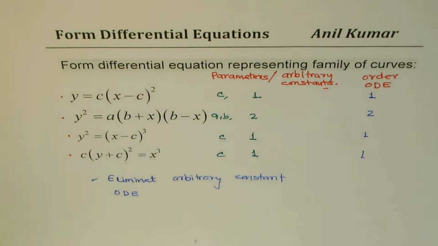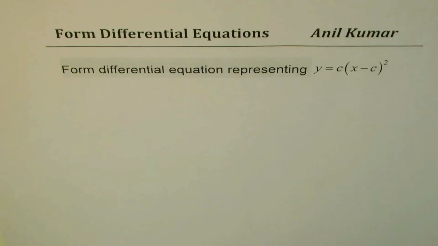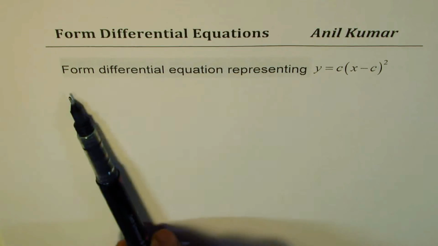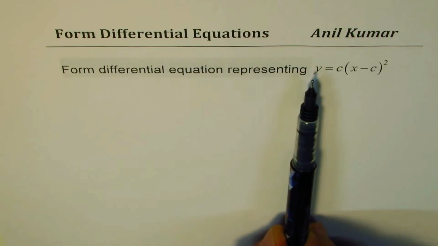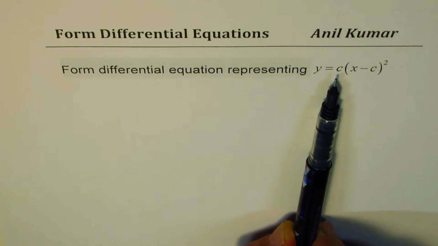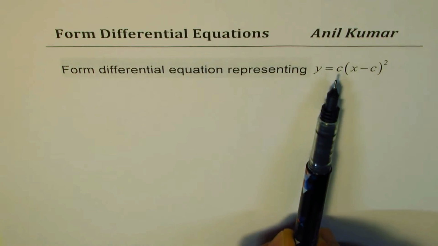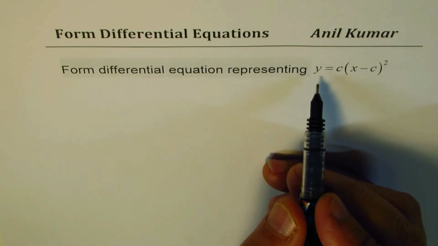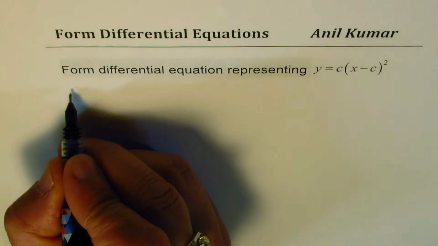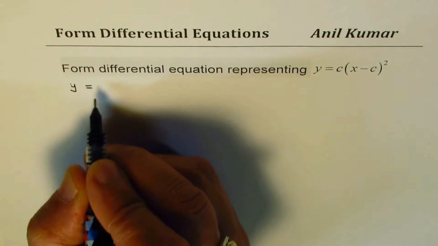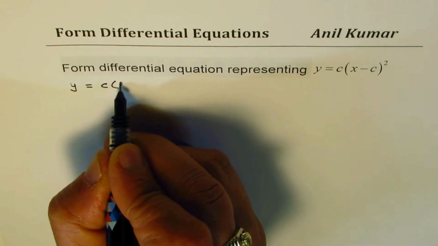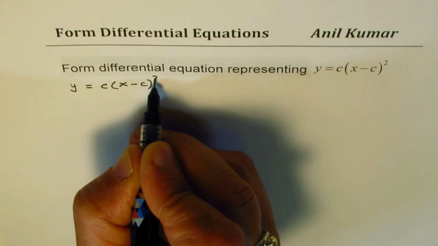So now here's the first one for us: we need to form the differential equation representing y equals c times (x minus c) whole squared, correct? Now there is one arbitrary constant c, so we should be differentiating only once. So we have our equation as y equals c times (x minus c) whole squared.